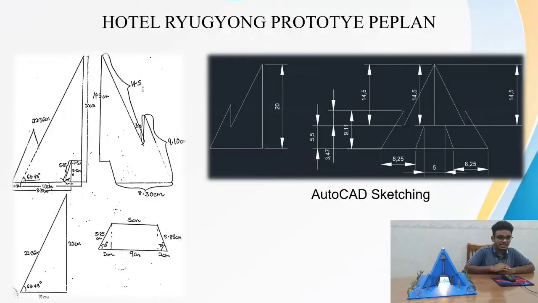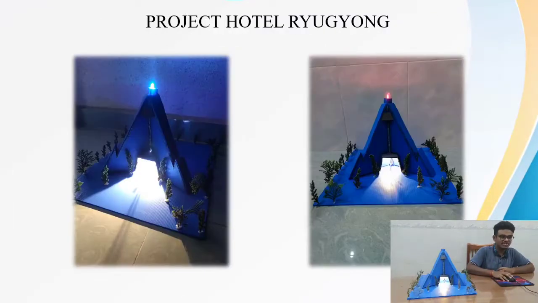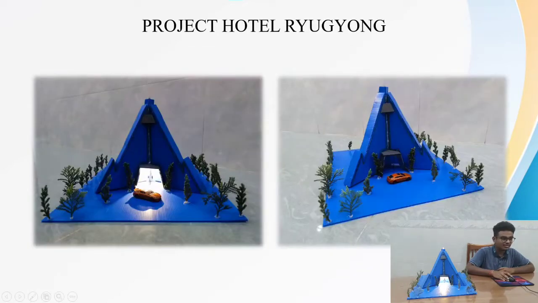As we see in the slides, these are sample measurements which we used, and the exact measurements we used to produce this prototype. And this is Project Ryugyong with some plants and some lights. It's so beautiful.